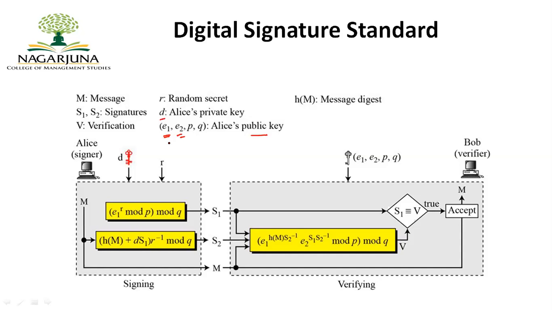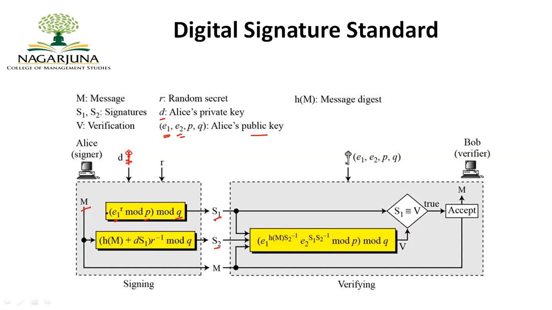Once the keys are generated, we perform a signing operation where Alice takes the message and wants to send it to Bob, but along with the message she also creates a digital signature, S1 and S2. So how does Alice generate the digital signature S1 and S2 for the message M? We have generated E1, which is a public key, and P and Q are prime numbers.